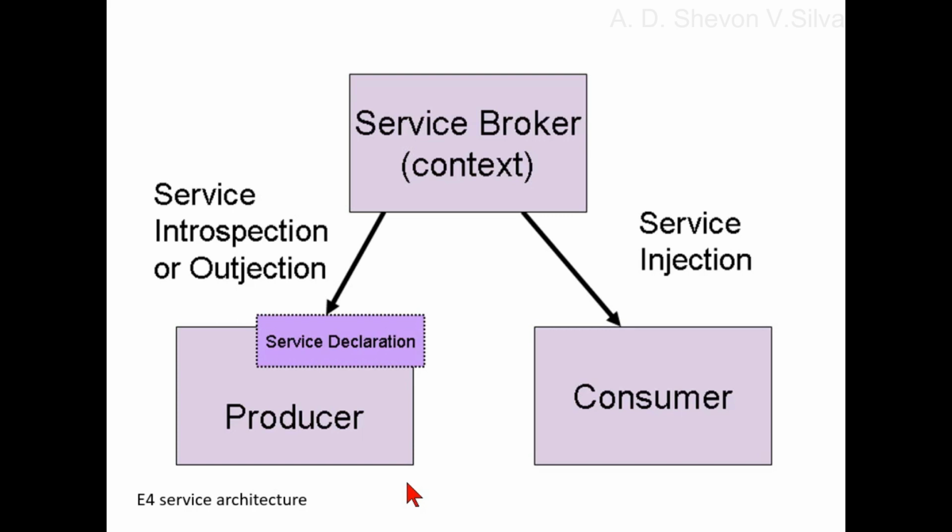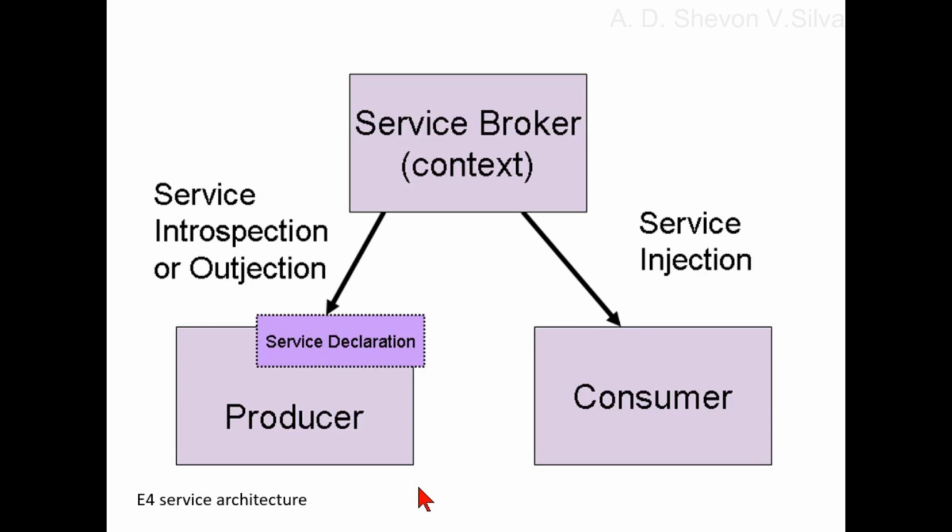Manual registration allows the service to be made available only to a specific context rather than making it globally available via OSGi services. Finally, context supports outjection, reverse injection of services back into the context via a field or accessor method.